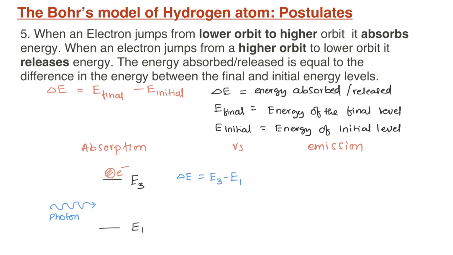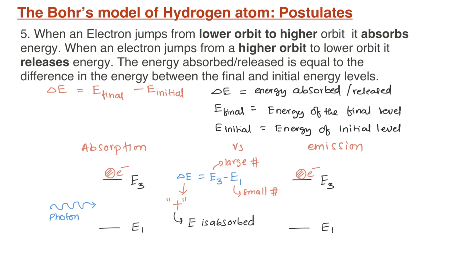Because we are subtracting a smaller value from a bigger value, we get a positive value for delta E. The positive value for delta E means that the energy is absorbed, or a photon is absorbed. Because of its high energy, the electron in a higher energy level is unstable. So, it jumps back to the lower energy level.